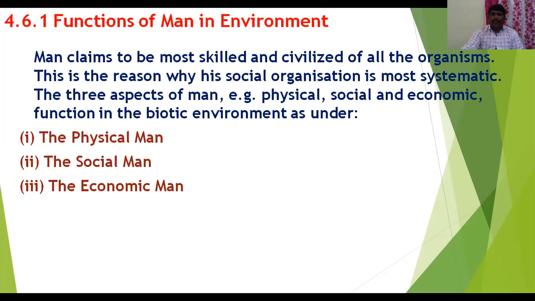Consequently, the equilibrium of the environment or ecosystem is disturbed and a great number of environmental ecological problems crop up. These are detrimental to man besides the whole population of the human species in a given ecosystem.